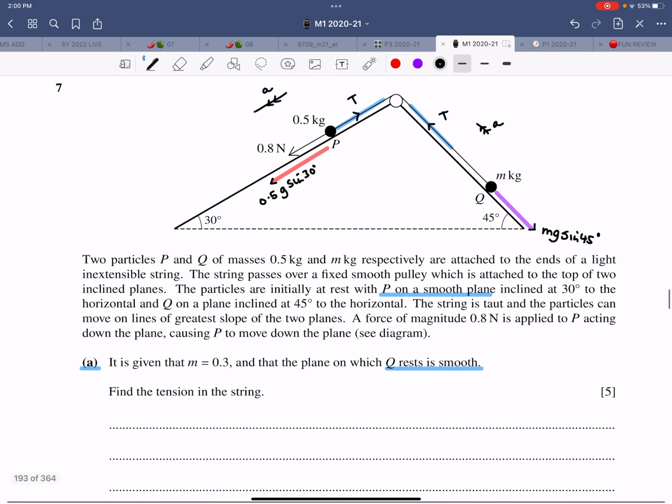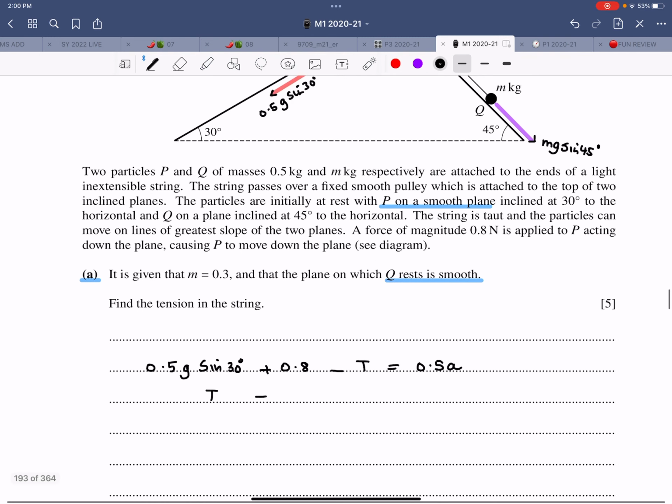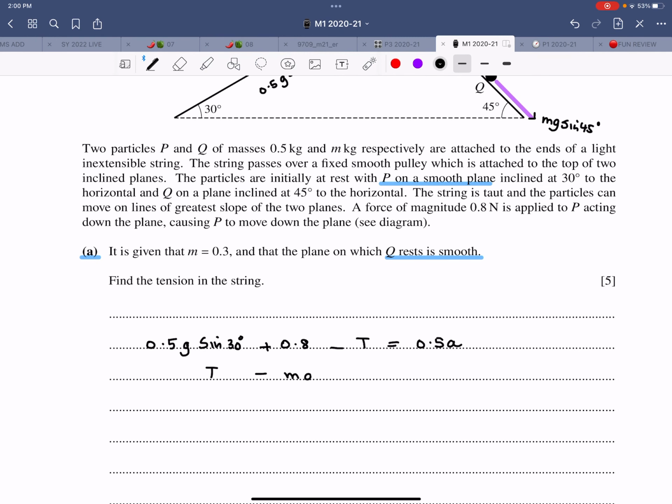So let's write down the equation. 0.5 g sine 30 plus 0.8 minus tension is equal to 0.5a. Tension minus mg sine 45 is equal to ma.